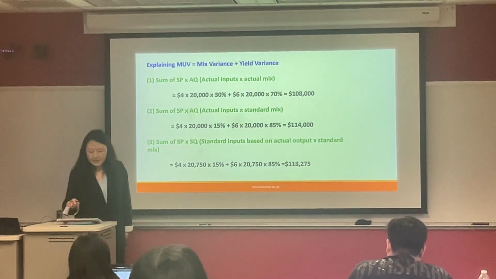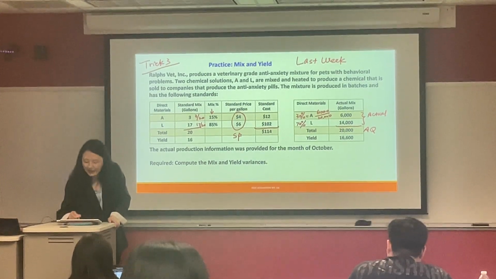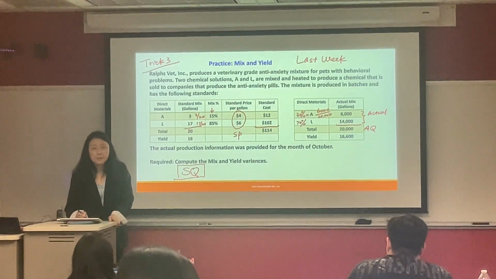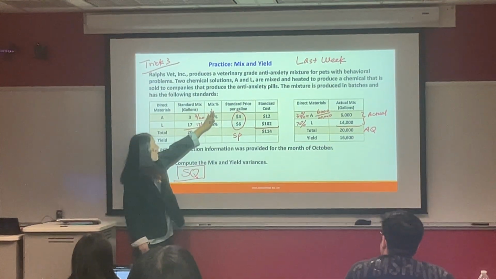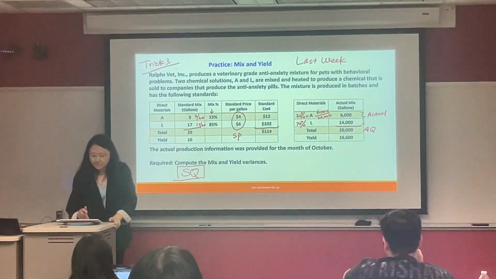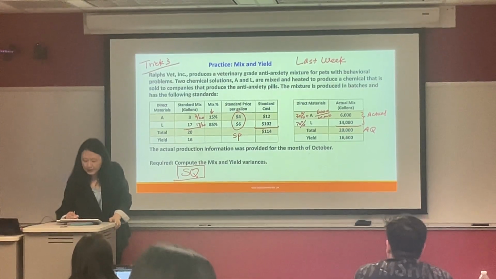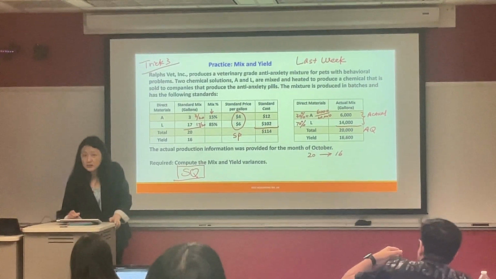If I want to set up the model, the only thing you have to calculate is SQ, because I already have AQ, SP, the standard mix, and the actual mix. To calculate the SQ, I'm going to use the baby model: 20 in, 16 out.